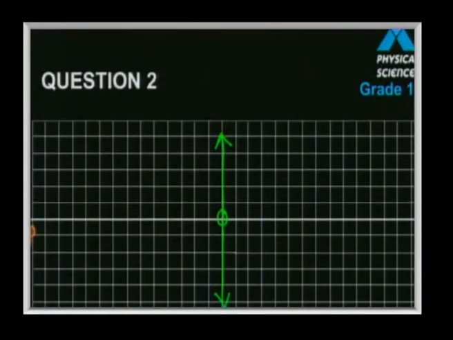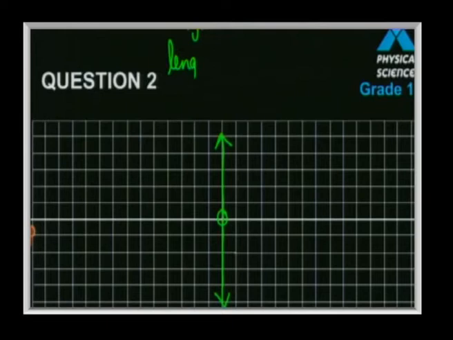Now, for my height, I'm going to say that one block is equal to 10 millimeters. So if my object is 50 millimeters high, it means I'm going to work with 5 blocks.